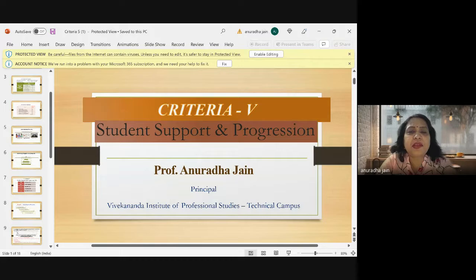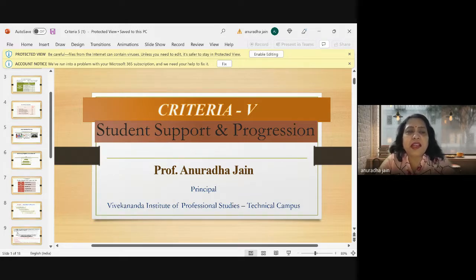Today we will be discussing Criterion 5, which is related to student support and progression. As you know, just to brief you again, there are 7 criteria, and overall there are 1,000 marks, out of which any college, university, or institution is assessed. As I told you earlier, NAAC takes a weighted average.